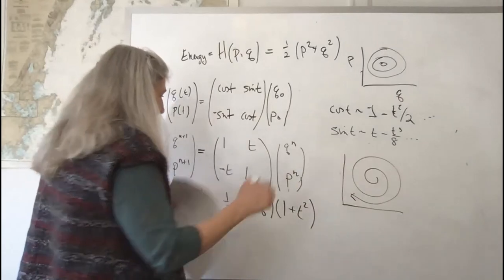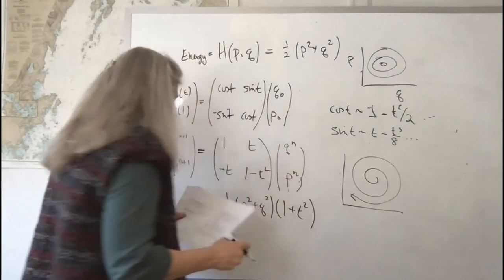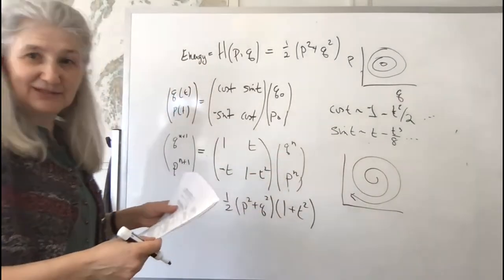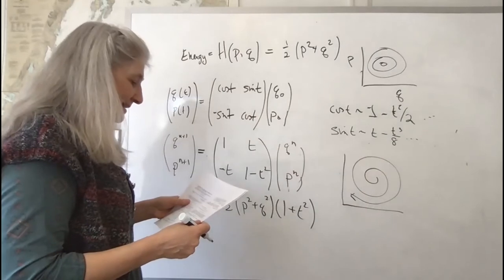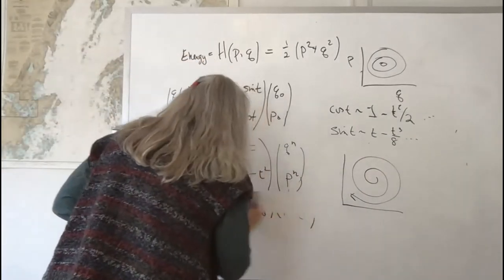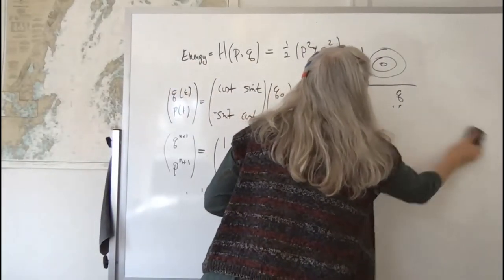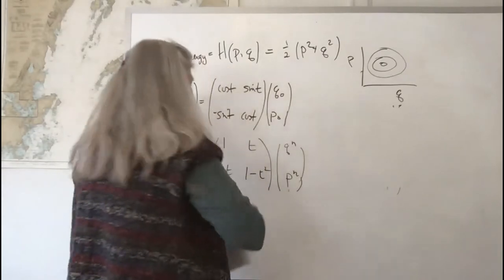So what if I change it to this, T squared? Now I take the transformation, so let's look at the transformation. This was the old energy, but we're going to change it. So what does the transformation look like?